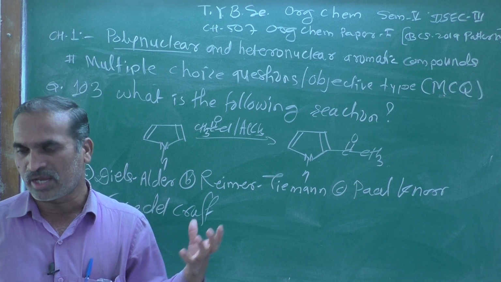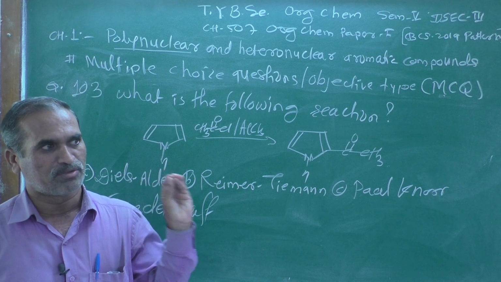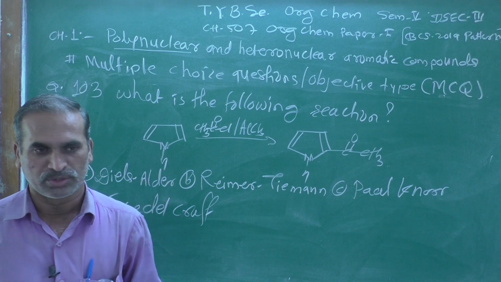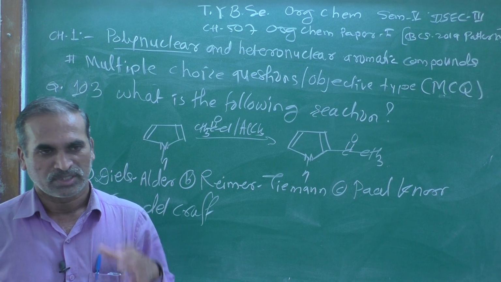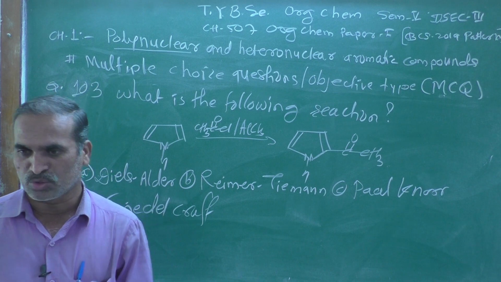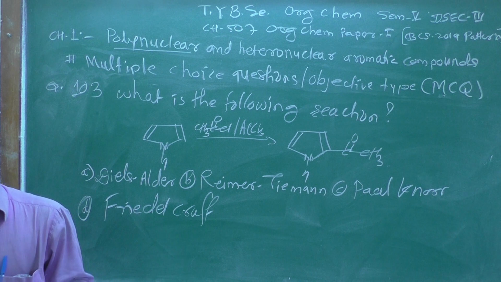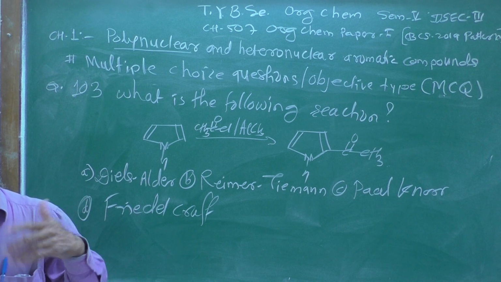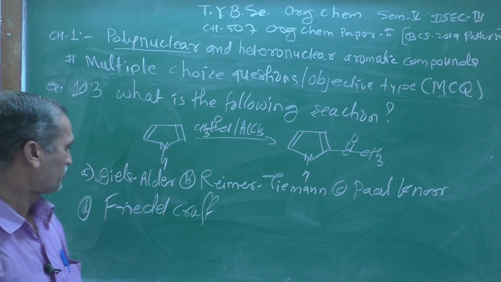The starting compound is a 1,4-diketone, which we can call acetonyl acetone, or 2,5-hexanedione.